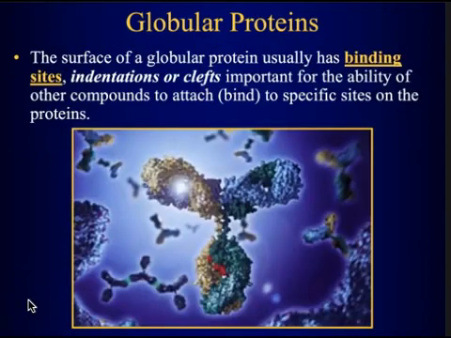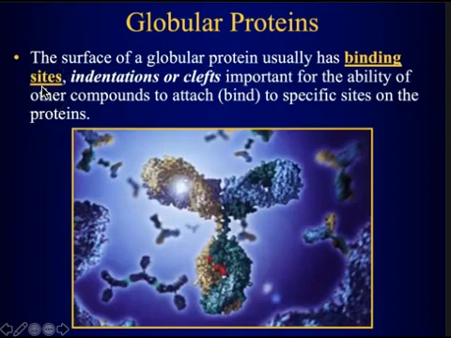Now, one thing that we didn't have in our fibrous proteins, because they're just long fibers, is binding sites. So long fibers a lot of times are just holding stuff together or moving stuff in a long chain. Whereas these globular proteins, they're doing stuff. These are our active proteins. So we need some kind of binding site for it to interact with something.